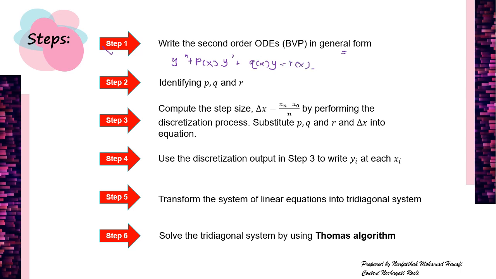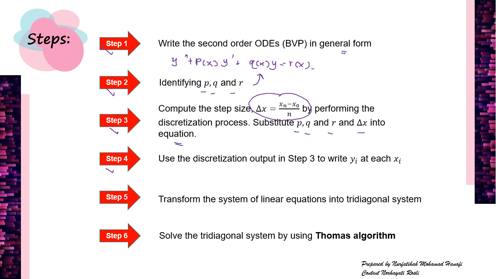Second step, please identify what your p, q, and r are, which you can get from the general form. Next, step number 3, we compute the step size delta x equal to xn minus x0 over n by performing the discretization process. We substitute our p, q, r, and delta x into our equation.